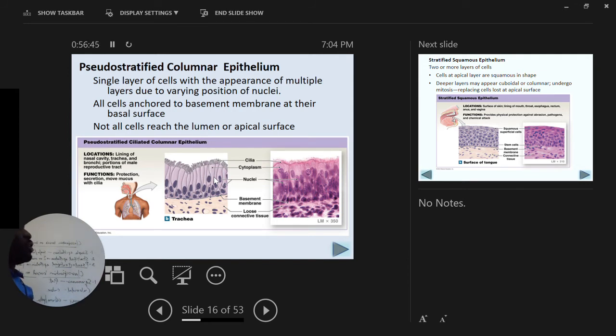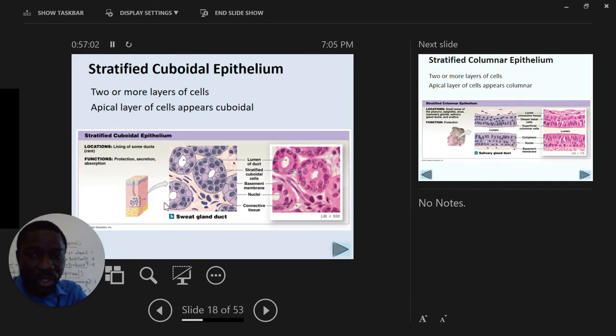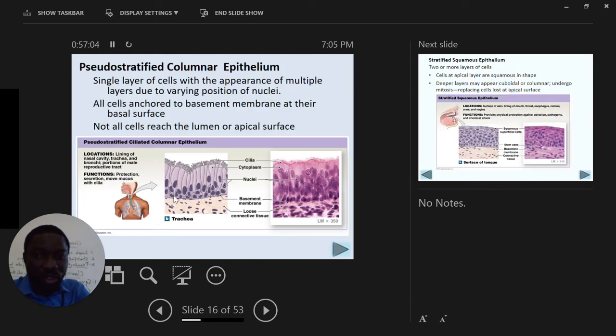Now, not all cells reach the lumen. So look at it. It's not all cells that reach the apical surface, the lumen. You can see this cell. So I have to be doing this so that when you are looking at the lecture, you can see this cell. Now you can see this small cell here.